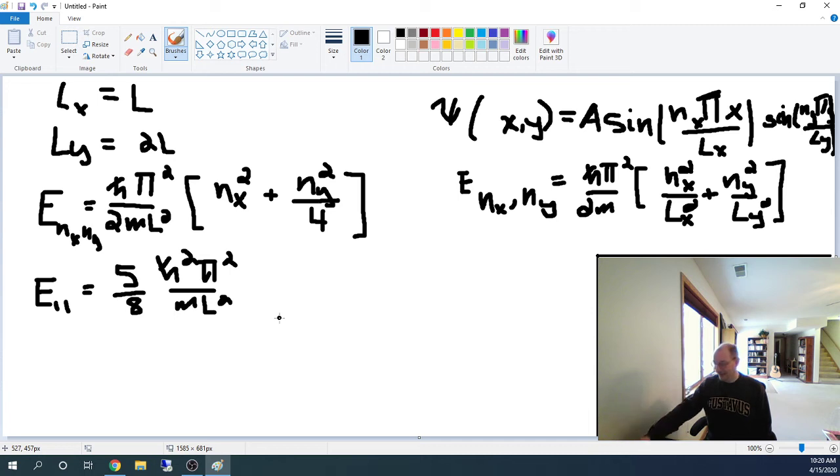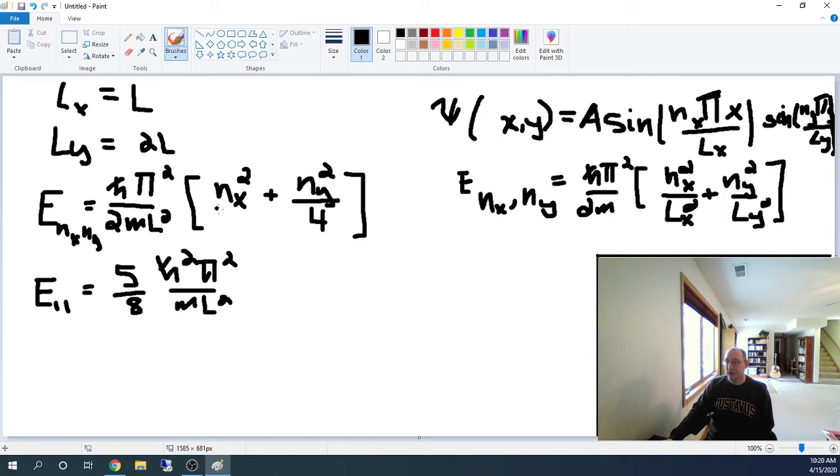Now what's the next highest energy? Let's think about that for a second. Remember, these all have to be integers. So I could increase n x by 1, or I could increase n y by 1. Let's think about what each one of those does.